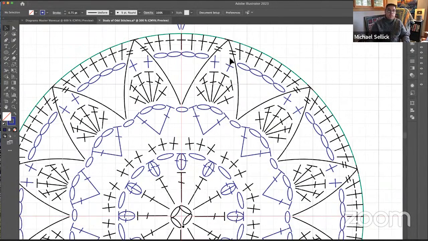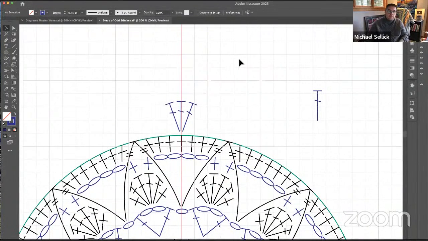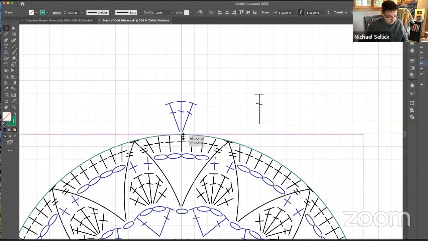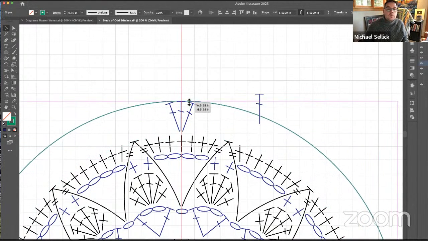So this used to be really tedious, but I've gotten better at it, honestly. So I'm thinking that I want this whole circle to look like the same size. So I'm thinking I want the same height.